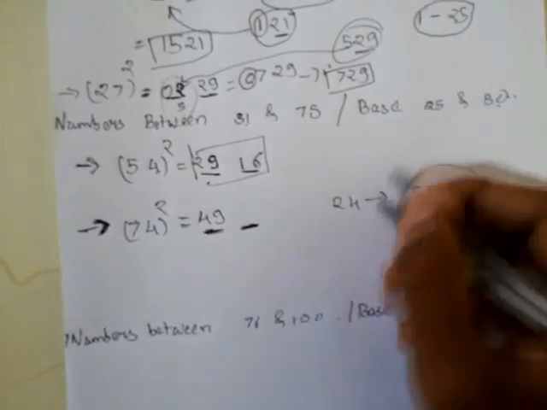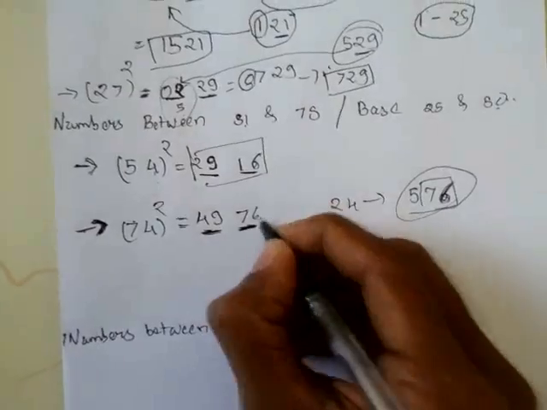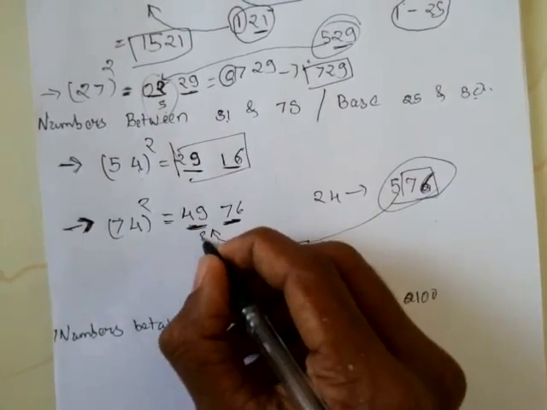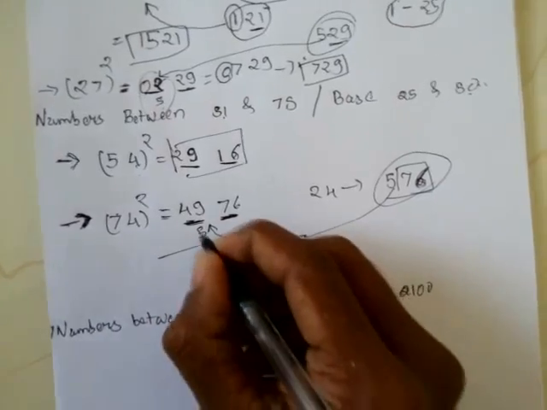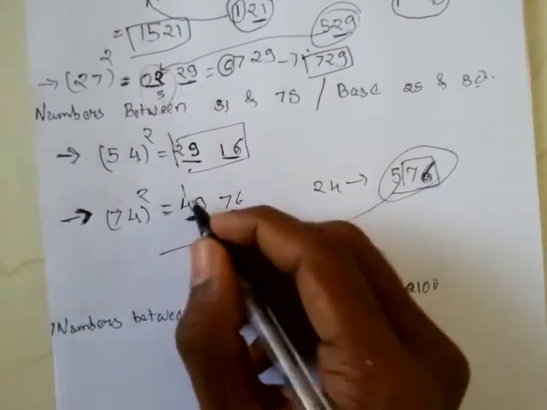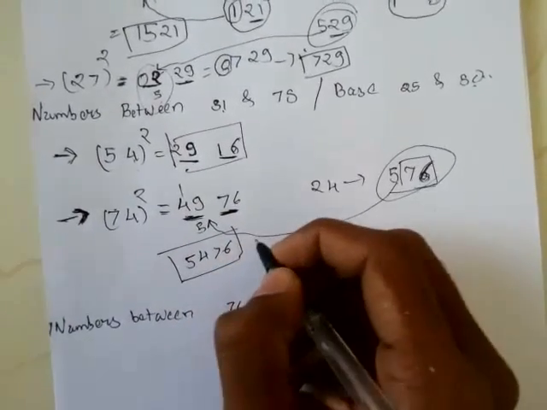Now here it is 3-digit, so we'll put 76 here and we'll carry forward 5 here. So the answer will be 76, and 49 plus 5 is 54. So the answer will be 5476.